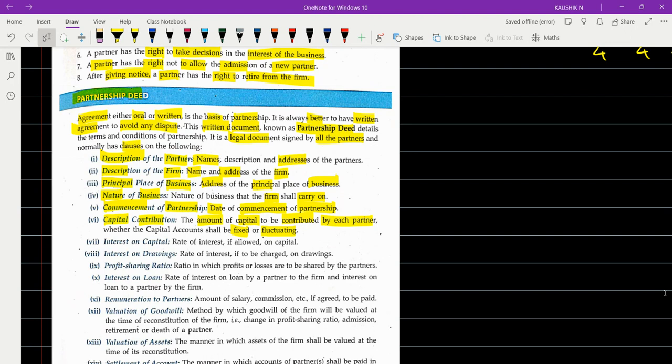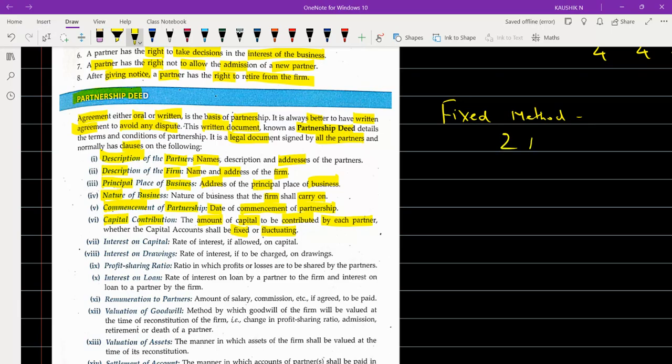Right. Now tell me, suppose you are going to maintain the fixed method, then how many accounts are to be prepared? If your capital account is going to be under the fixed method, then how many accounts are required? For fixed, very good.